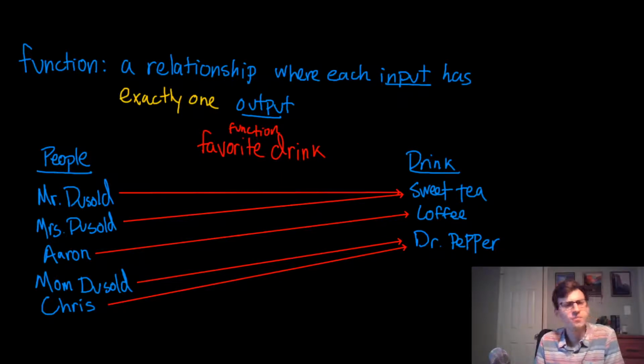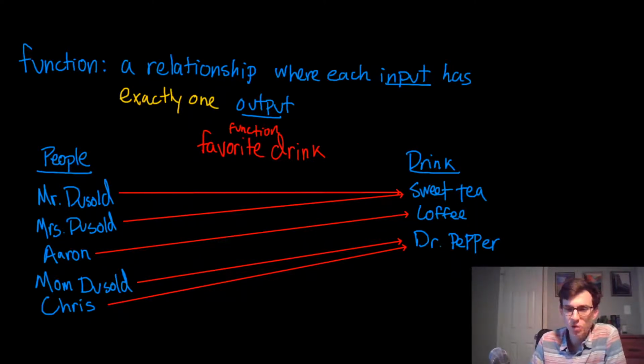Okay, so now we have a function, right? We have our function, which is a relationship which matched our inputs to exactly one output, because while we might prefer different drinks at different times, we would all say we have one favorite drink.